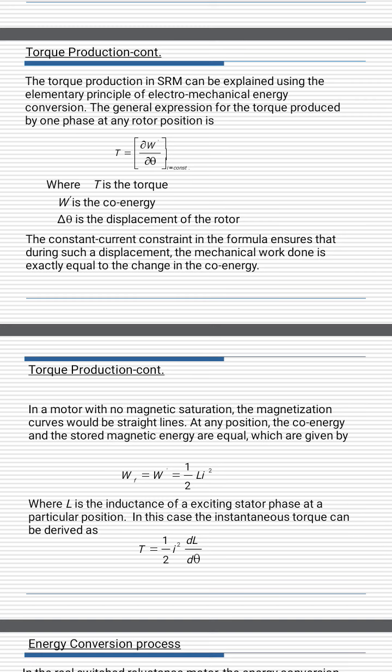The constant current constraint in the formula ensures that during such a displacement the mechanical work done is exactly equal to the change in the co-energy.